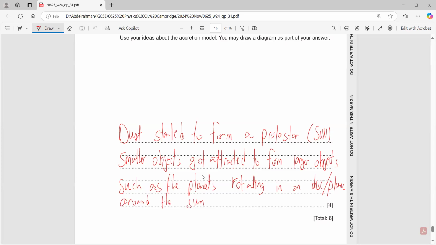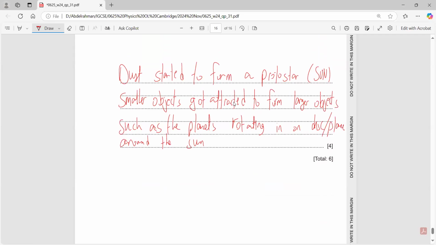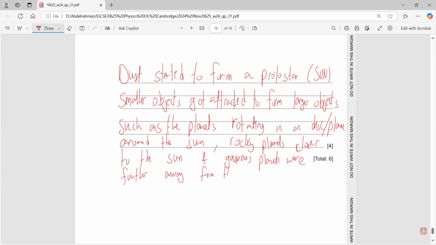And then after they kept on rotating around the sun, you had the rocky planets which were closer to the sun and the gaseous planets which were further away from the sun. That's it.